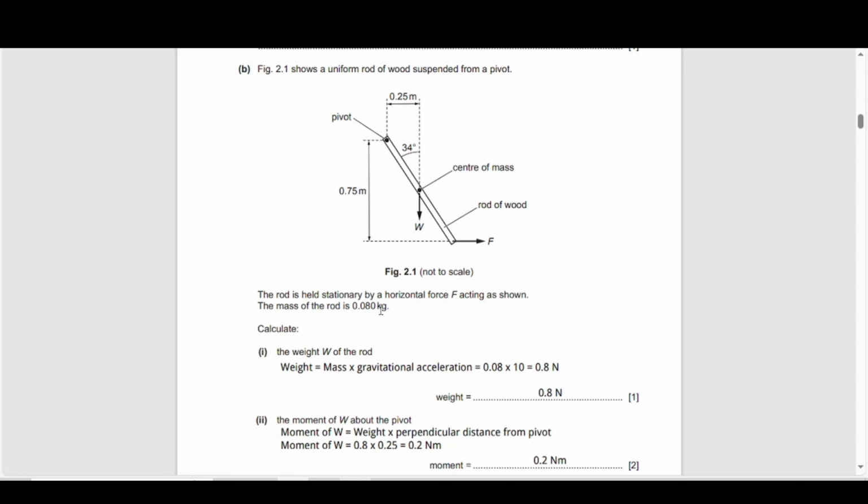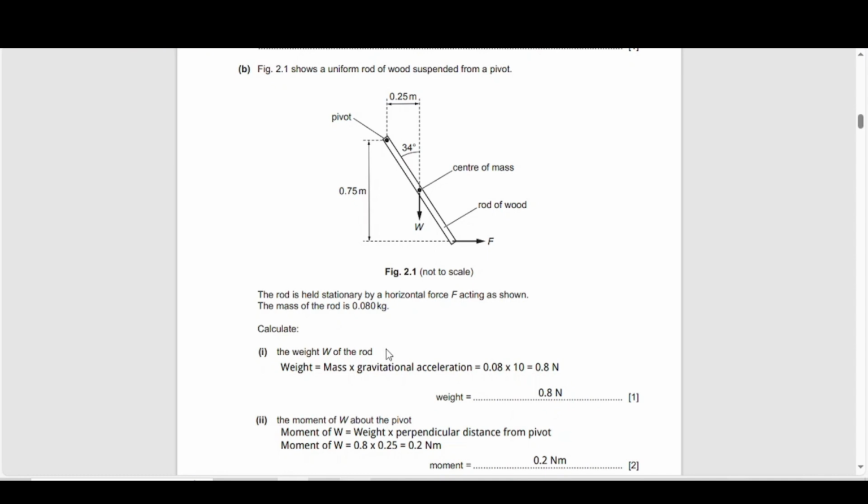The mass of the rod is 0.08 kilograms. So this force W is trying to pull the rod downwards. It's trying to induce a clockwise moment, and this force F is trying to stop that clockwise moment with an equal and opposite anti-clockwise moment, which is what I'm guessing would be expected to calculate. So the first thing is they want you to calculate the weight of the rod.